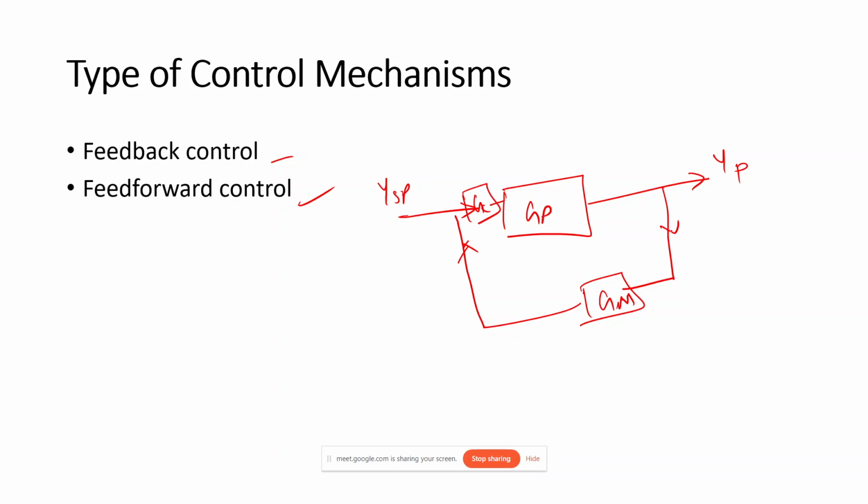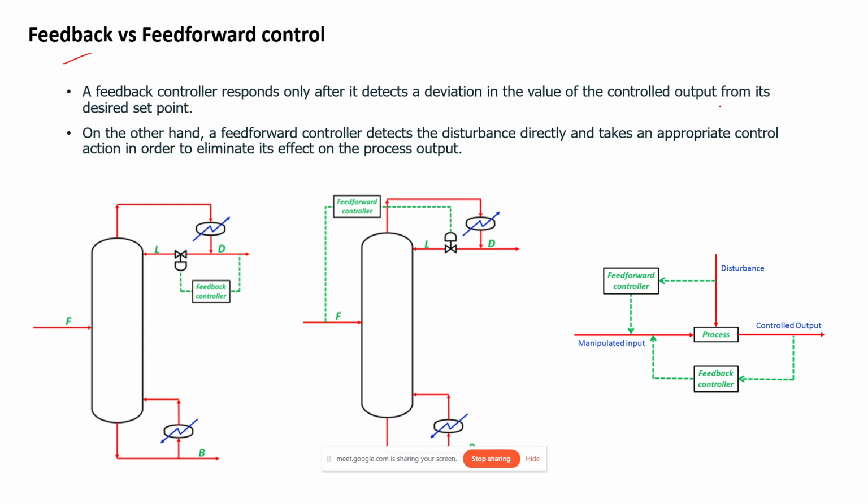Since we are feeding the output back towards the input, we call this feedback control. So we need to measure the output in this case. That is what it says: it responds only after it detects a deviation in the value of the controlled output. On the other hand, a feed forward controller detects the disturbance directly and takes an appropriate control action in order to eliminate its effect on the process output.